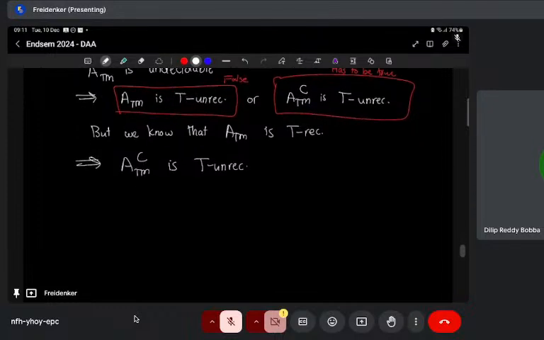So here is your trivial example for a Turing unrecognizable language. Now if someone asks you, we know that there are uncountably many problems. That would mean there are many problems outside the Turing recognizable set. So what is one trivial example? You can directly say the complement of ATM is a Turing unrecognizable language. See, it's like a set, right? ATM is a set of tuples which look like M comma w.